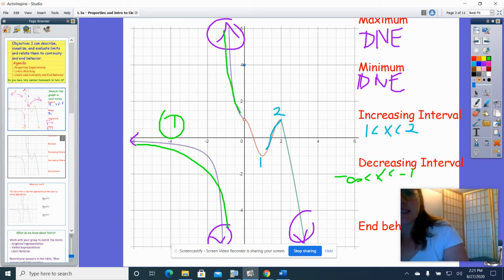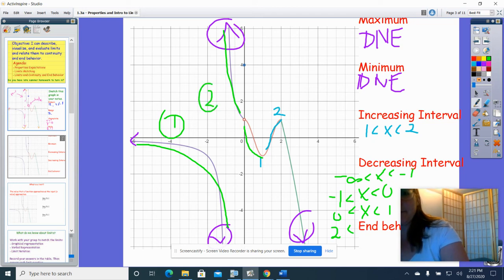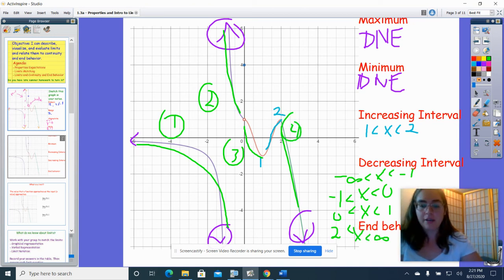The second decreasing interval is from -1 to 0, then picks up again from 0 to 1, and then again from 2 to infinity, right? So those are all 4 decreasing intervals. Lastly, end behavior.